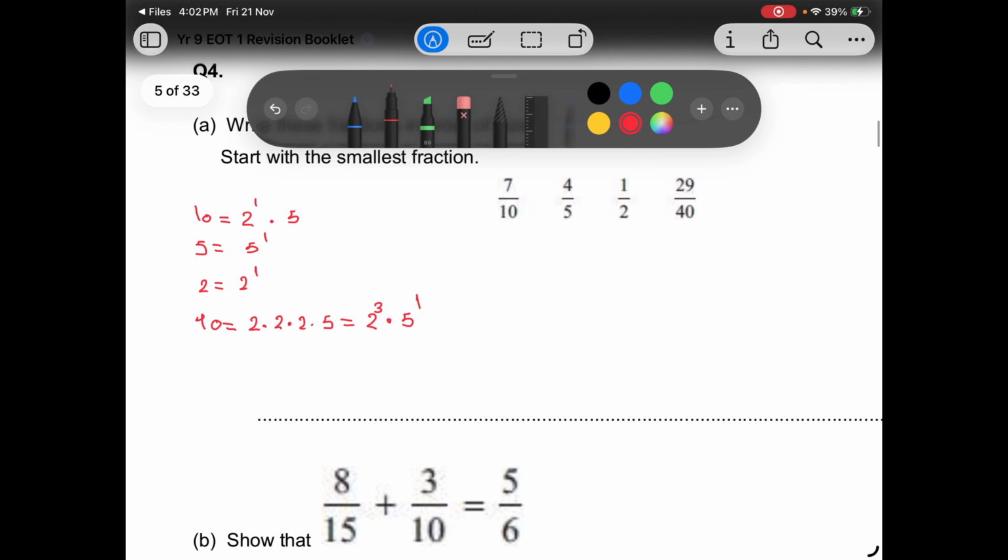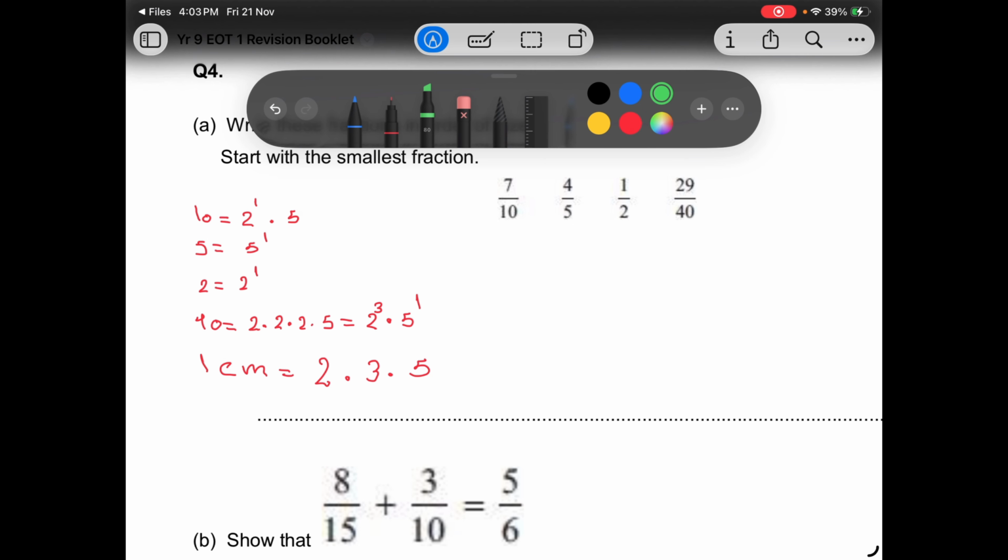So the least common multiple for these must contain 2, and contain 3, and contain 5, and I will choose those with the highest powers. So I have here 2 to the power of 1, and 2 to the power of 1, and 2 to the power of 3.